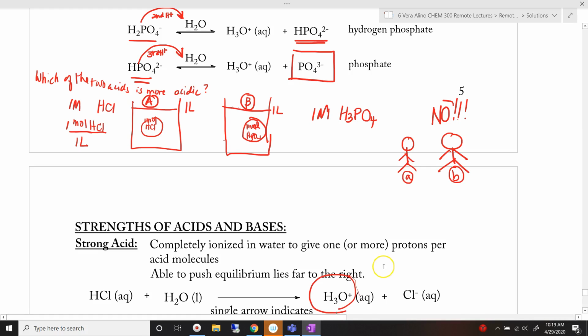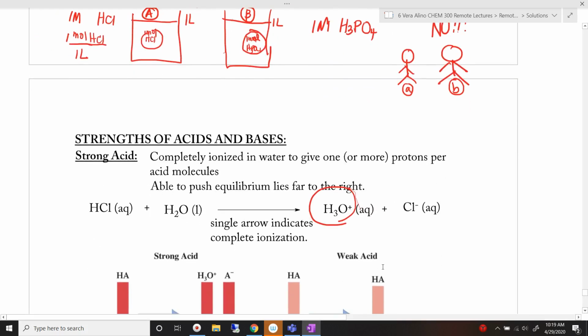Just because a triprotic acid has 3 protons in it doesn't necessarily mean that it's going to release all of those 3 protons into the solution. It's not a guarantee. So for strong acids, like your HCl, hydrochloric acid, it is really special because the moment you put it in water, it completely breaks apart and dissociates.